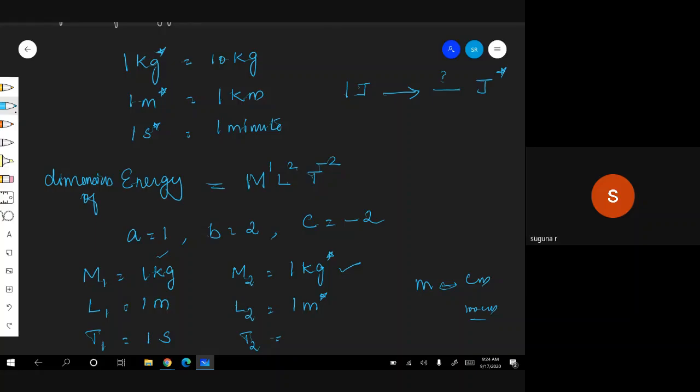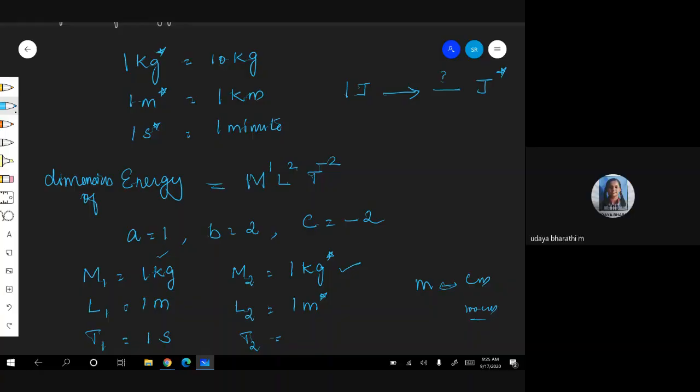And 1 second star is equal to 1 minute. It is given. Are you following the data? The relation between the two systems of units, the fundamental units, is given. Is it clear?